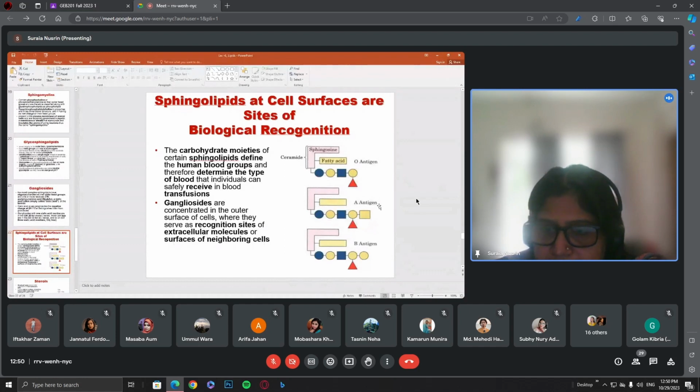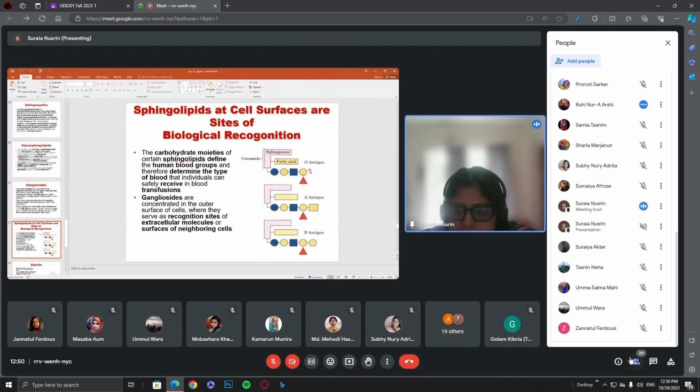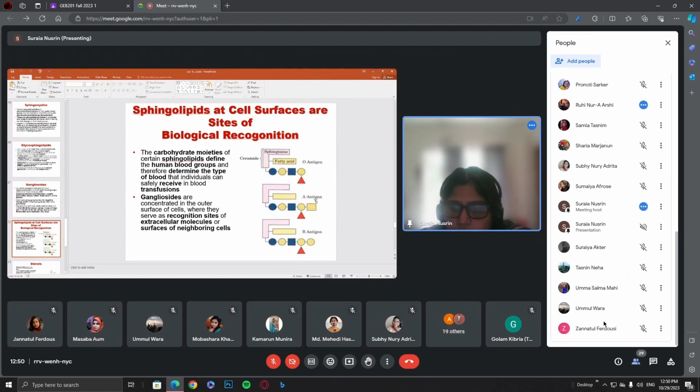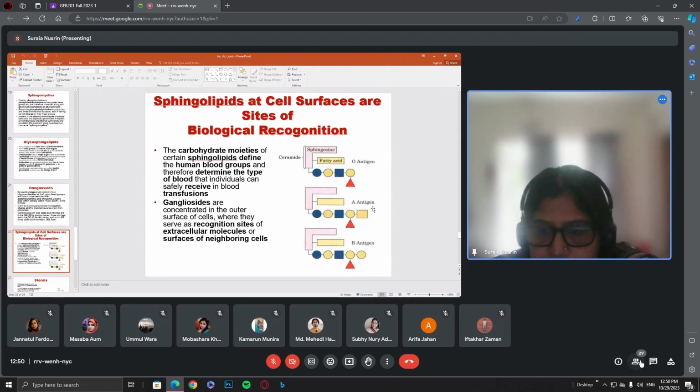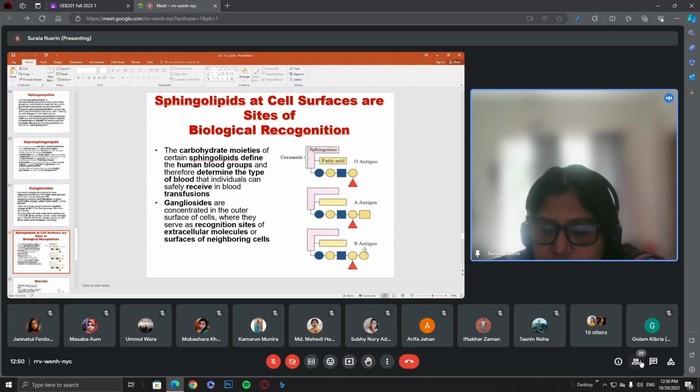When we are calling it A antigen, an additional sugar residue is attached to the original O antigen. So you can see a rectangular structure is attached to the O antigen, then we call it A antigen. Whereas in the B antigen, a different sugar residue is attached to the O antigen, and then we call it B antigen.